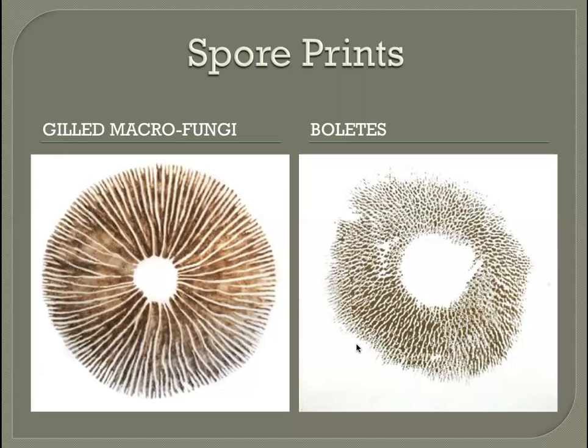And what a spore print is, essentially, is taking the cap off from the stem of the fruiting body and placing it down on a sheet of paper, gill side down or tube side down.